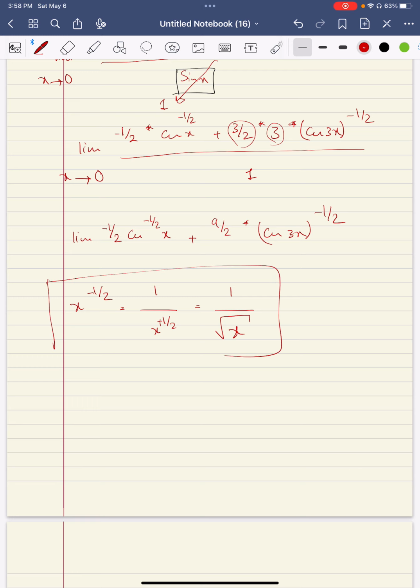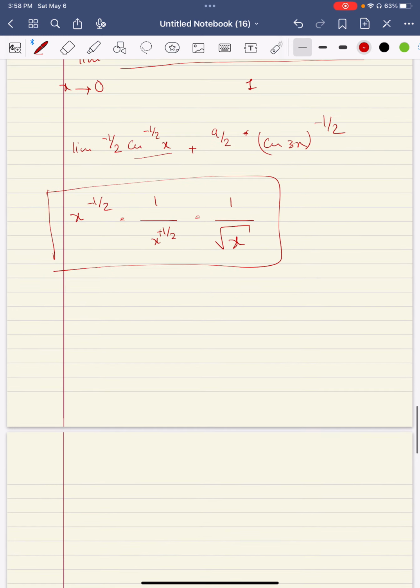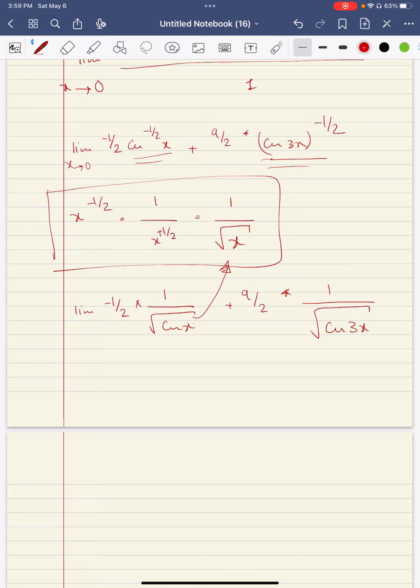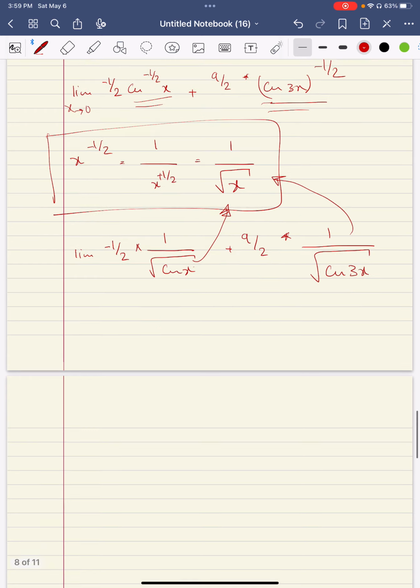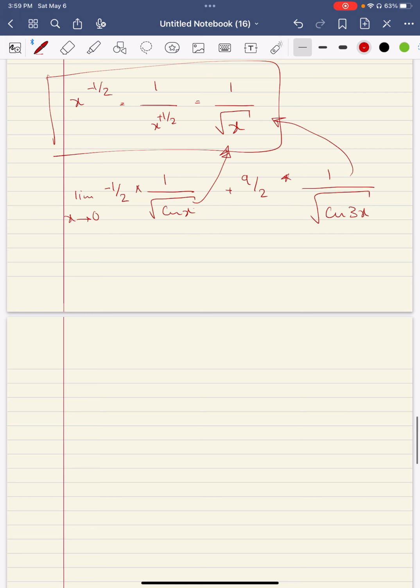This is what we know from before. I'm going to apply it for these guys in here. So the limit of negative 1 over 2 times 1 over root cosine x, plus 9 over 2 times 1 over root cosine 3x, x approaching 0.